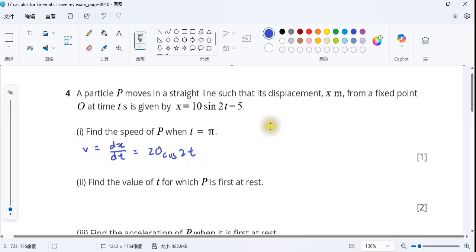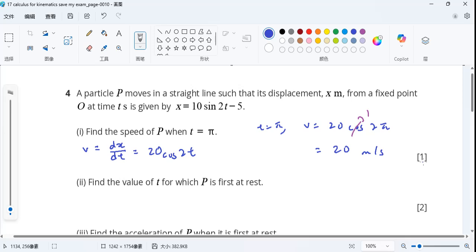Okay, so when t equal to pi, then v is 20 cos 2 pi. This is 1. So it's 20 meter per second.